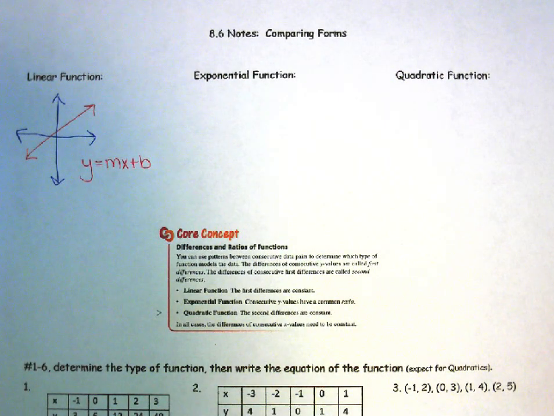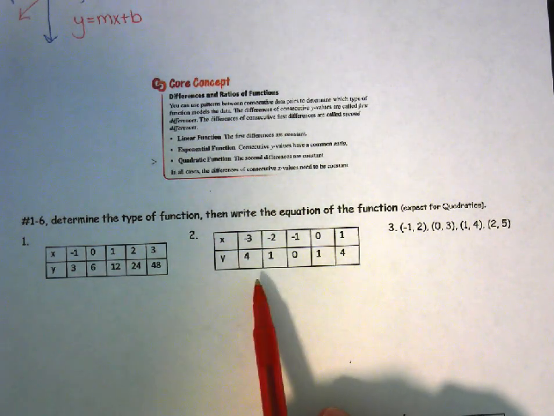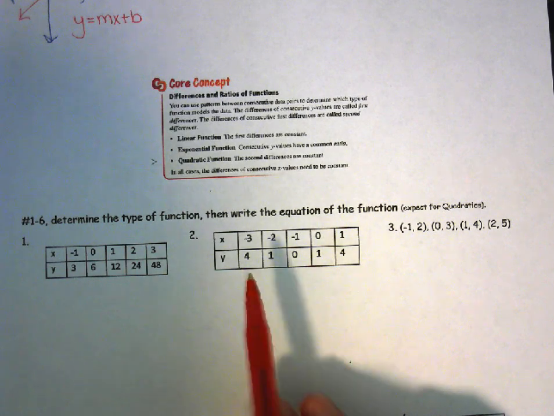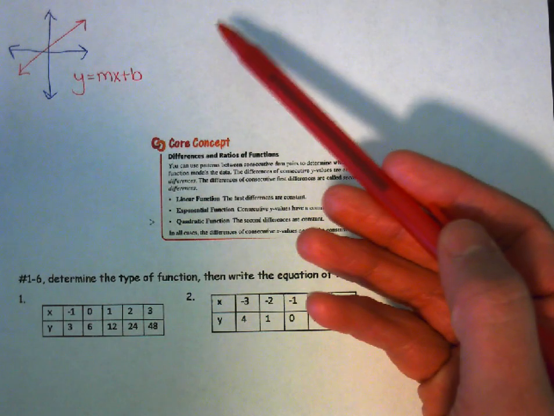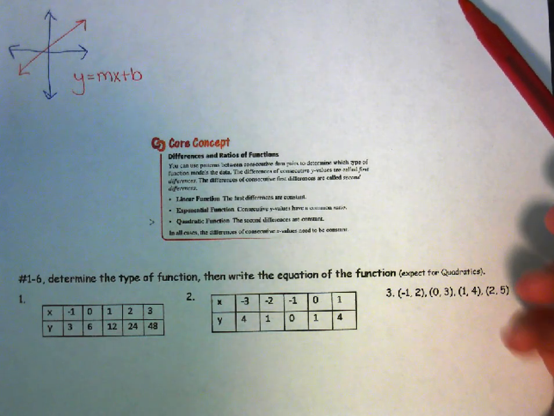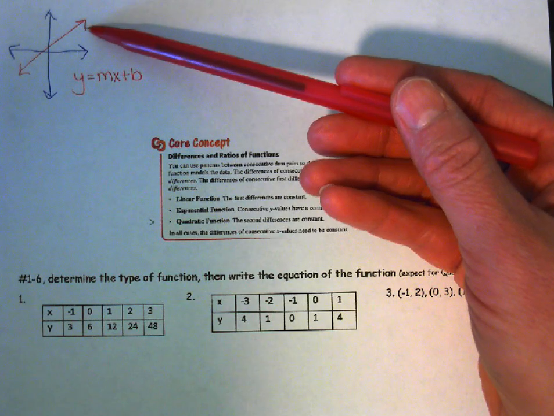So what you're going to be doing today is looking at different sets of data, and you're going to have to determine what these are. Number one, is it linear, exponential, or quadratic? Just having this idea of what the graph looks like is helpful.